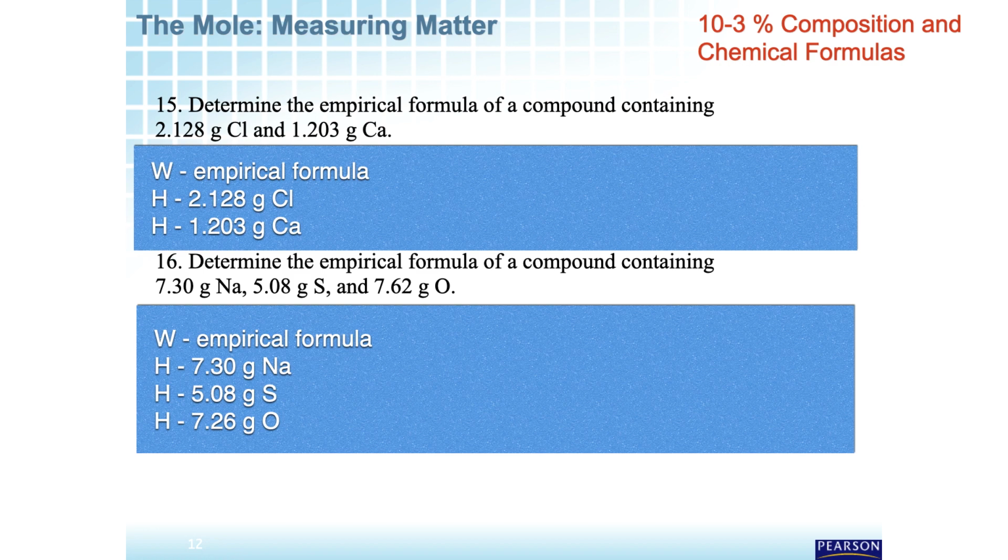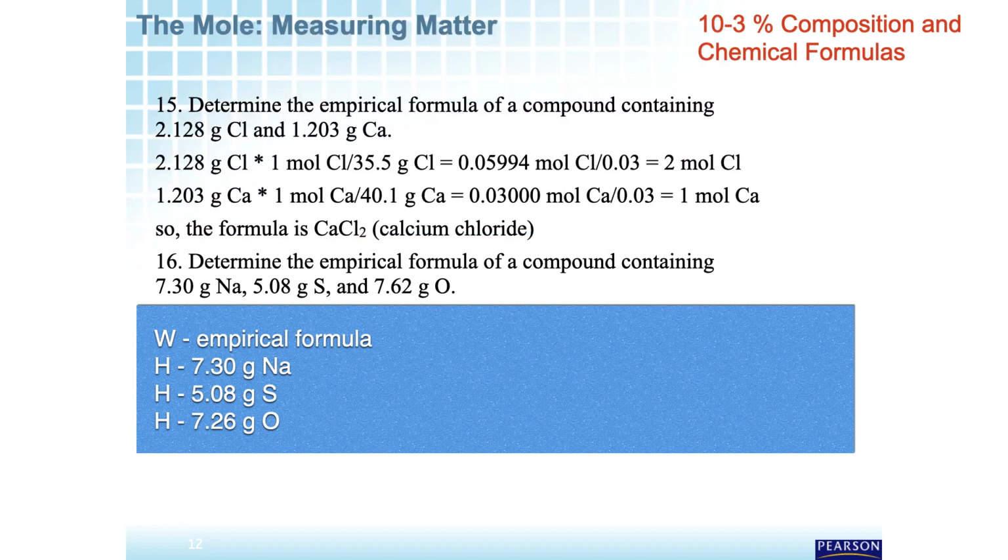We have a sample that has 2.128 grams of chlorine and 1.203 grams of calcium. So I want the empirical formula. I'm going to take my 2.128 grams of chlorine and multiply that by 1 mole of chlorine over 35.5 grams. That gives me 0.05994 moles of chlorine. Then I'm going to take my 1.203 grams of calcium times 1 mole over 40.1 grams of calcium, which gives me 0.03000 moles of calcium. 0.03 is less than 0.05, so I'm going to divide both of them by the lesser number.